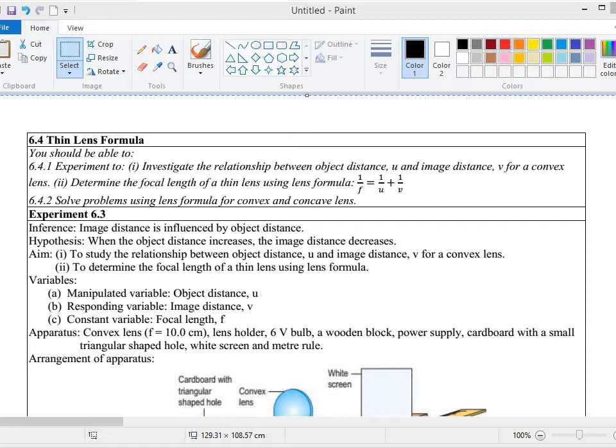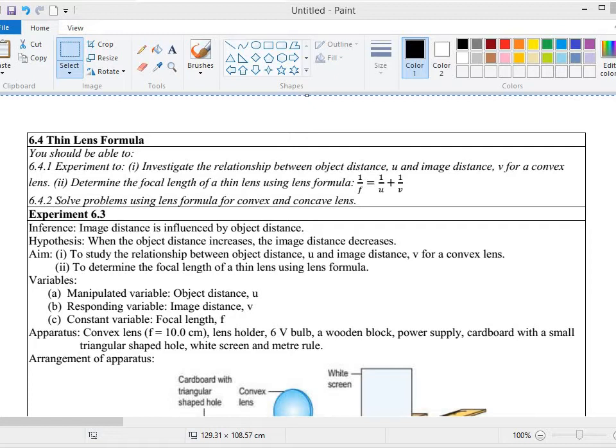And we also learned that for a concave lens, no matter what the object distance is, the image will always be virtual.